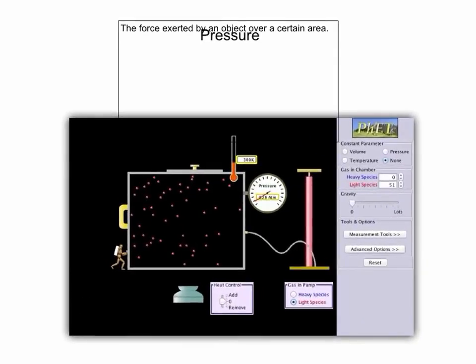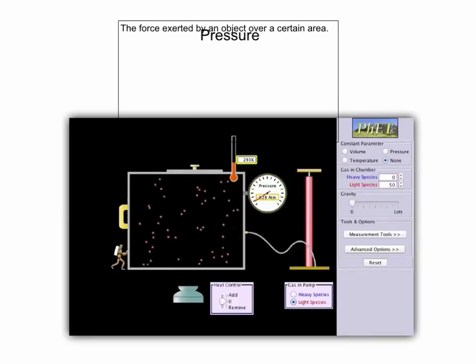So in the same video I showed you before, we'll watch as the gas particles move. And every time that one of these gas particles hits the side of the container, it exerts a force. The greater number of times that these particles hit the sides of the container, the more pressure they're going to exert, the more force they are going to exert.